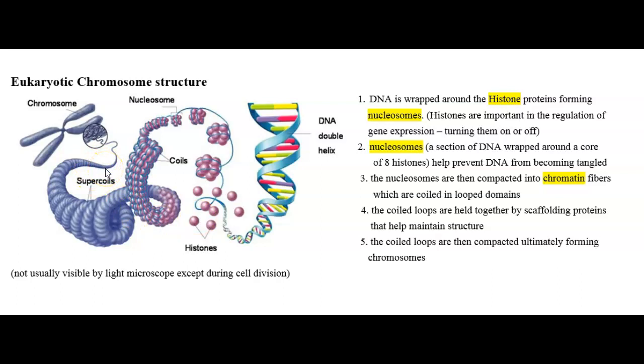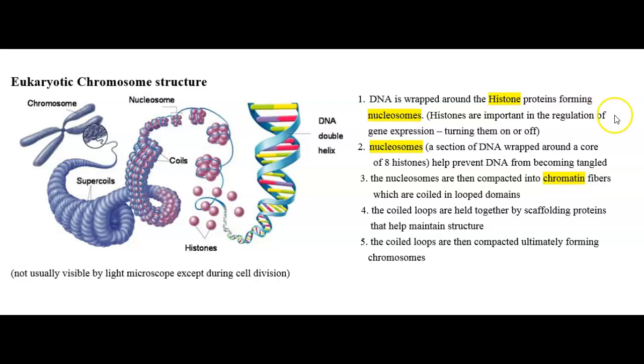You can get miles and miles of DNA in each nucleus. The DNA is really long, so the only way we can actually have so much DNA is to wrap it around these histones very tightly. So DNA is wrapped around the histone proteins, and they're going to form nucleosomes.